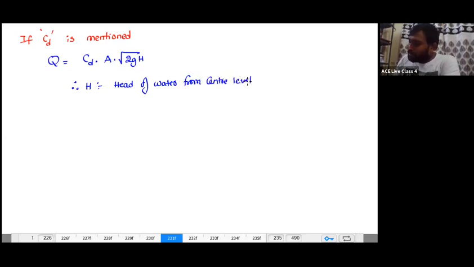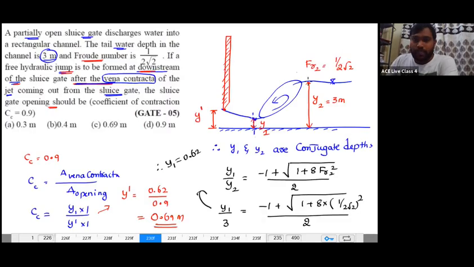So instead of Fr2, they won't give the Fr2 then. Instead of that, they would give the water level over here. With respect to center, that we are going to discuss in the case of the flow measurements. So don't worry about that.